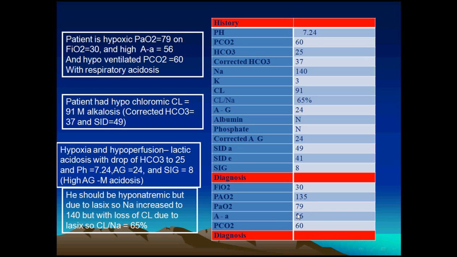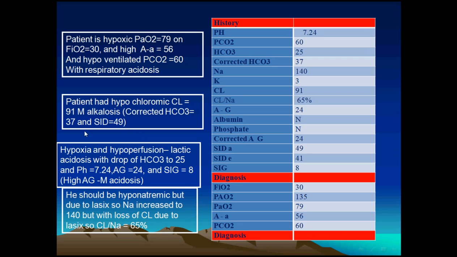This is a patient who was hypoxic with pleural effusion, interstitial edema, and stiff lung. That's why the patient had hypoventilation and respiratory acidosis.